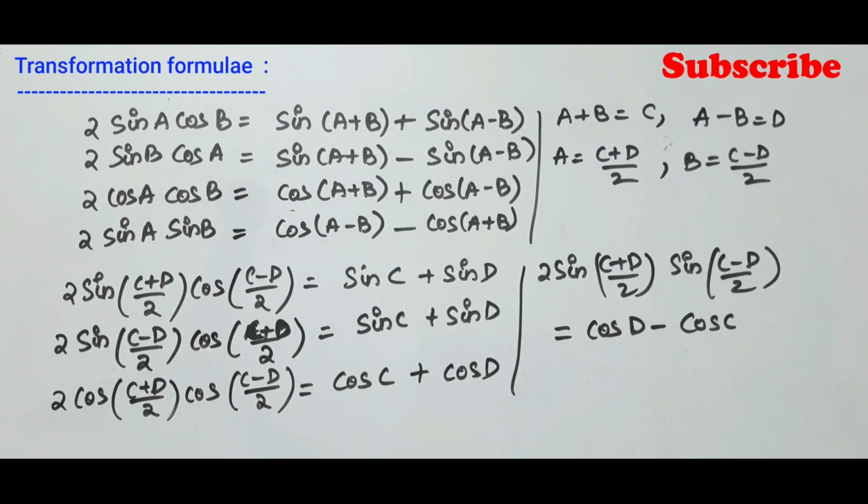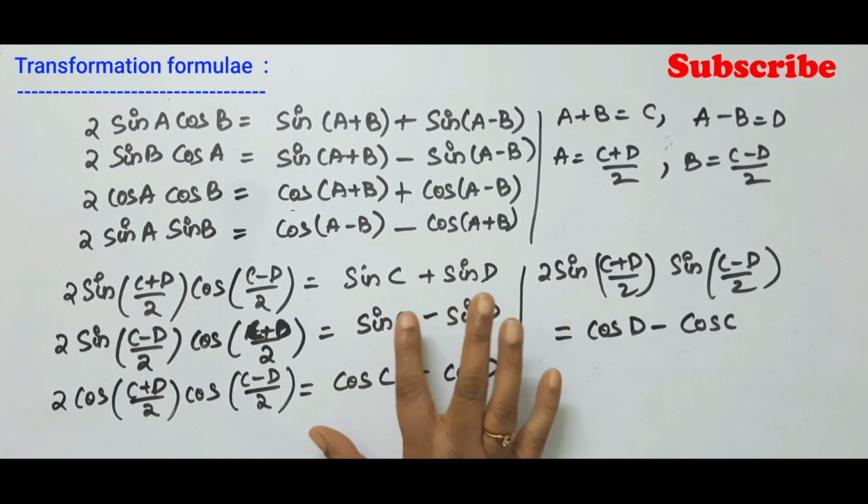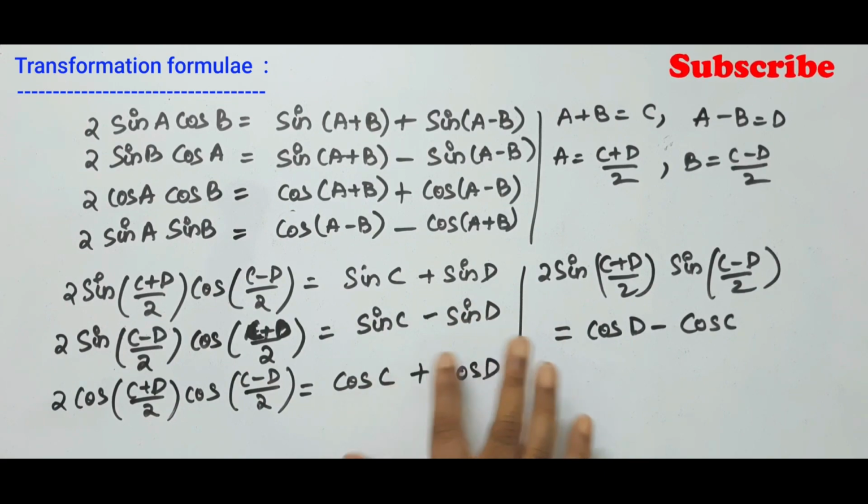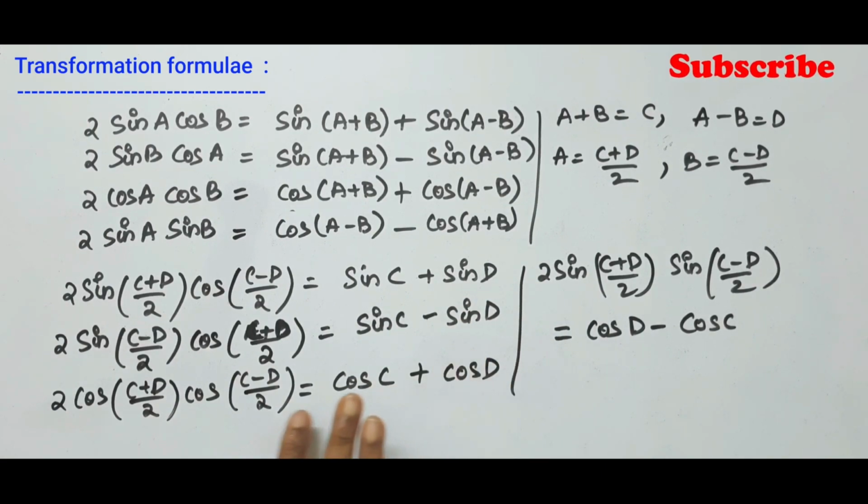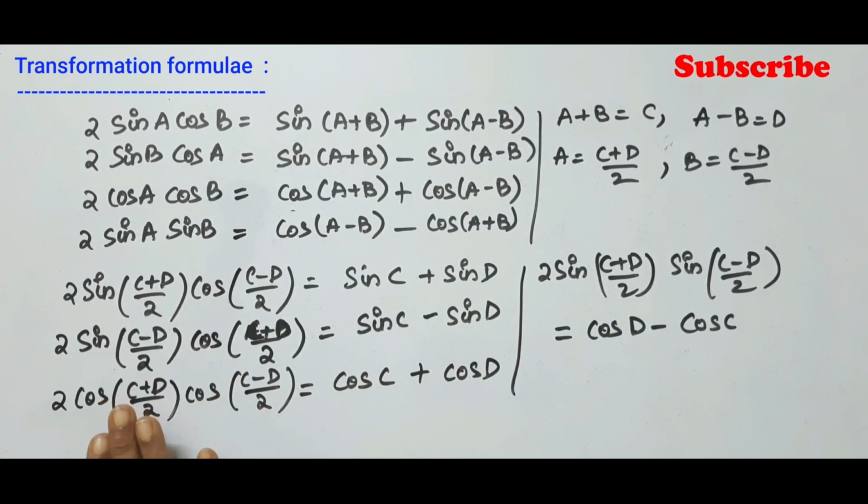Here the sum of sines of two angles and the difference of sines of two angles is expressed as a product of sine and cosine functions.